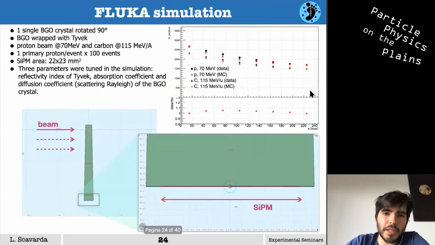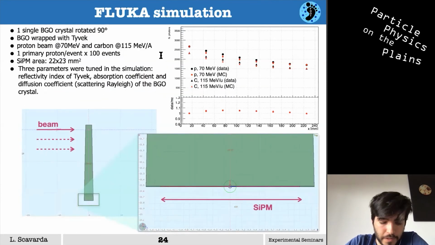In order to investigate this effect better, I performed some Monte Carlo simulation, in particular with the FLUKA software. So what I did was create the geometry that we used at CNAO, this time only with a single crystal and not with two crystals, but again rotated by 90 degrees compared to the beamline. And I simulated the same beam positions that I used at CNAO.